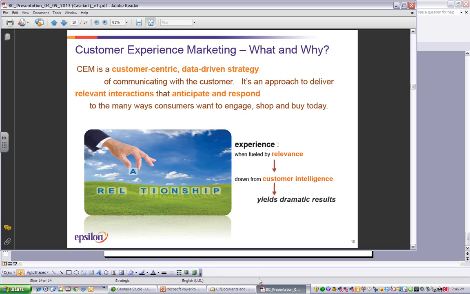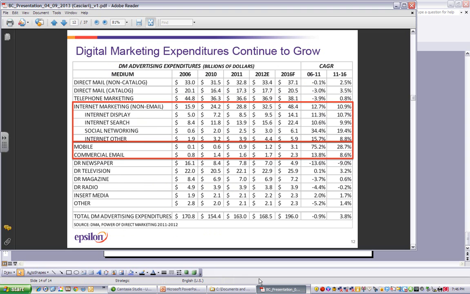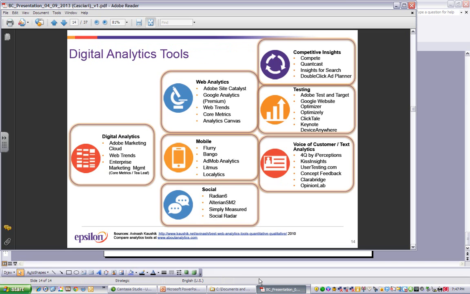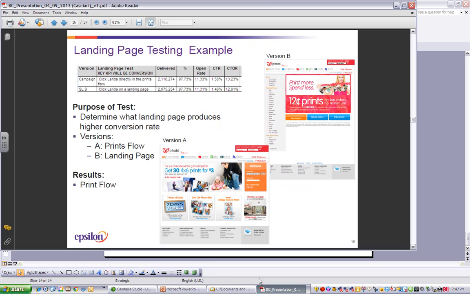A customer response system, and figuring out which customers are more reliable in the sense that they're going to be spending more money with you, and how to go after them. This whole thing about Epsilon dealing with digital analytics is really trying to drive that. So it's understanding what makes customers tick and trying to get more money out of them.